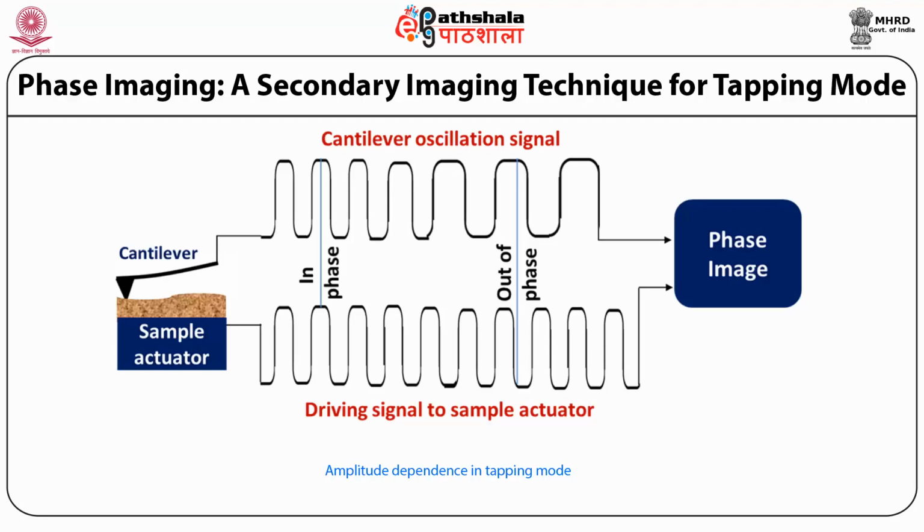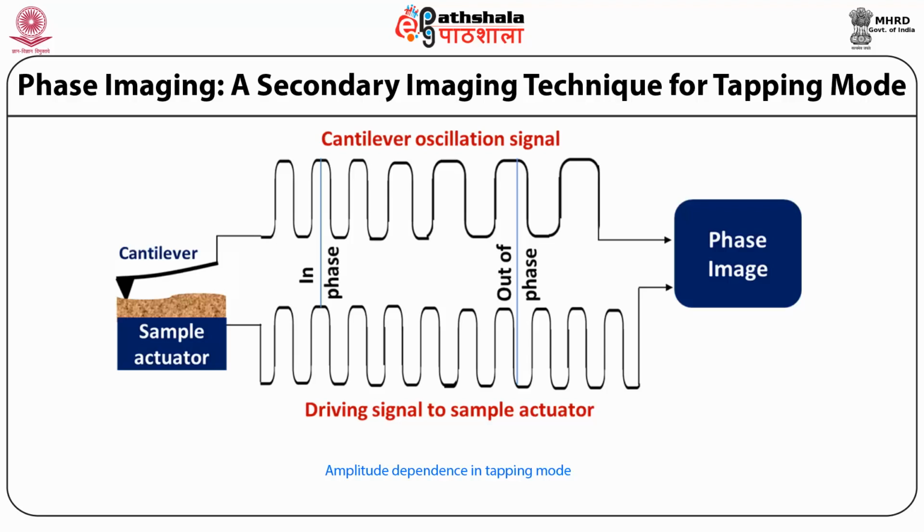Phase shifts are registered as bright and dark regions in phase images, comparable to the way height changes are indicated in height images. Phase detection images can be produced in any of the operational cantilever modes, such as tapping mode AFM, magnetic force microscopy, which is MFM, or electrostatic force microscopy, EFM.